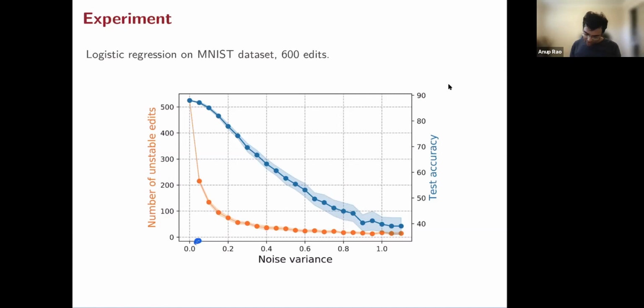As we increase noise variance, the number of recomputations goes down, and the test accuracy also goes down. But if you just look at one data point here, we lose only a bit of test accuracy, maybe 4%, but we reduce the number of recomputations by a factor of 2 or more.